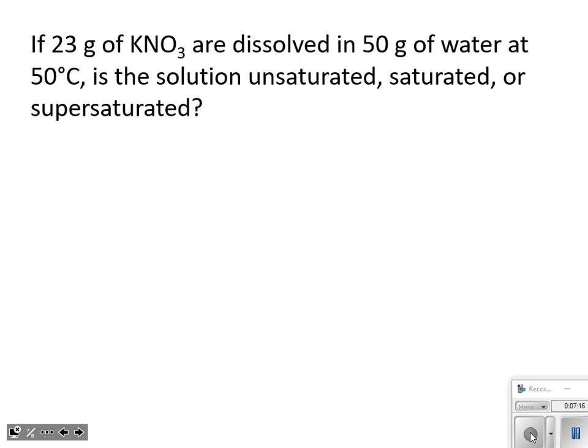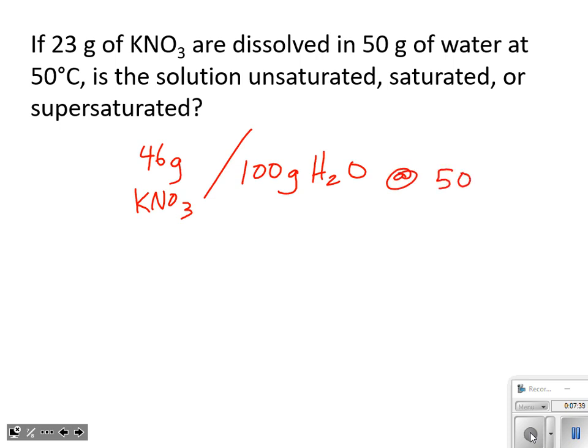Now, once again, we're dealing with 50 grams of water. So to get that to 100, I have to double it. So I know my 100 grams of water, I've doubled. So 23 is going to give me 46 grams of KNO3. And we are at 50 degrees Celsius.